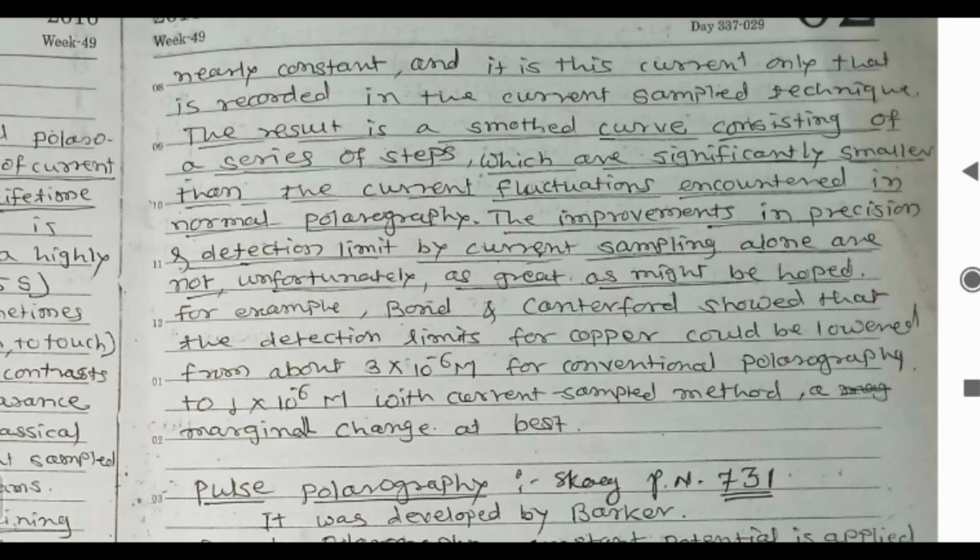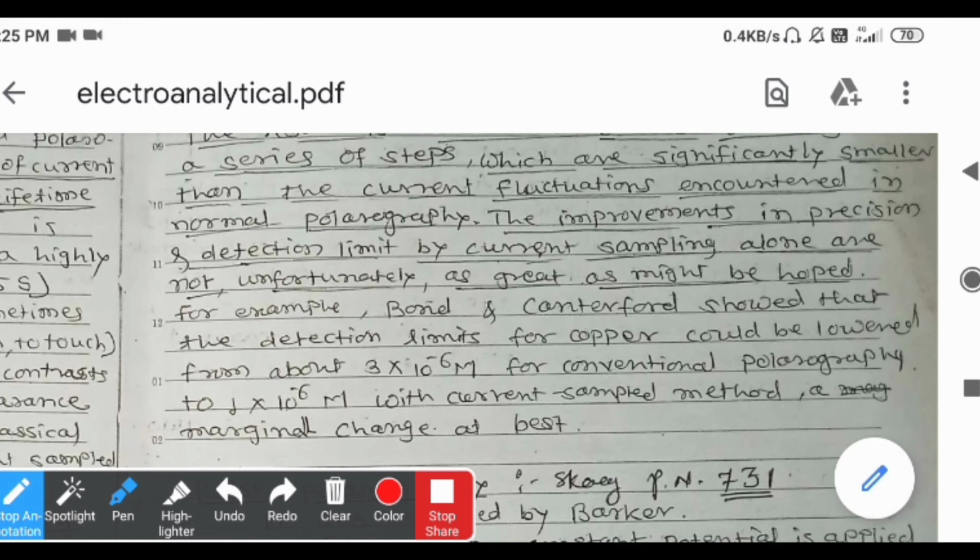The improvement in the precision and the detection limit by current sampling alone is not great. If we are eliminating this Faradaic current, then we should expect a better detection limit as well as a higher precision level, but the exact values are not that much in accordance with the expectation.